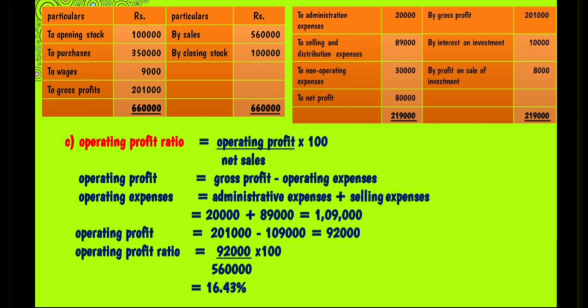Administrative expenses are given as 20,000 and selling expenses as 89,000. Both added, we get 1,09,000. So operating profit is gross profit 2,00,000 minus 1,09,000, which is equal to 92,000. So operating profit ratio is operating profit 92,000 divided by 5,60,000 net sales into 100. We got 16.43 percent.